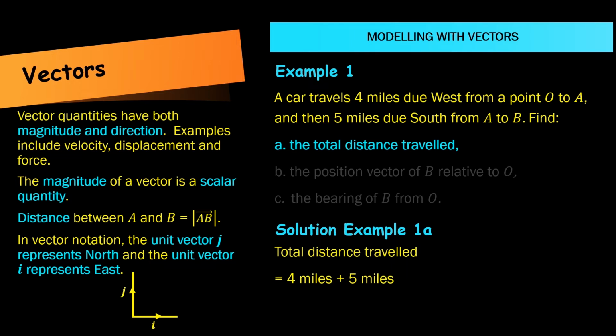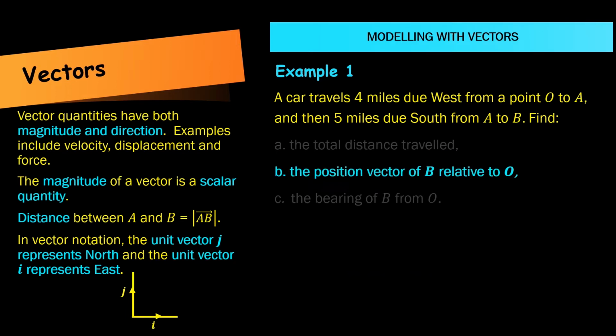We have that the total distance travelled is equal to 4 miles because it's first travelling 4 miles due west, and then 5 miles because the car is travelling 5 miles due south, which gives us a total of 9 miles.